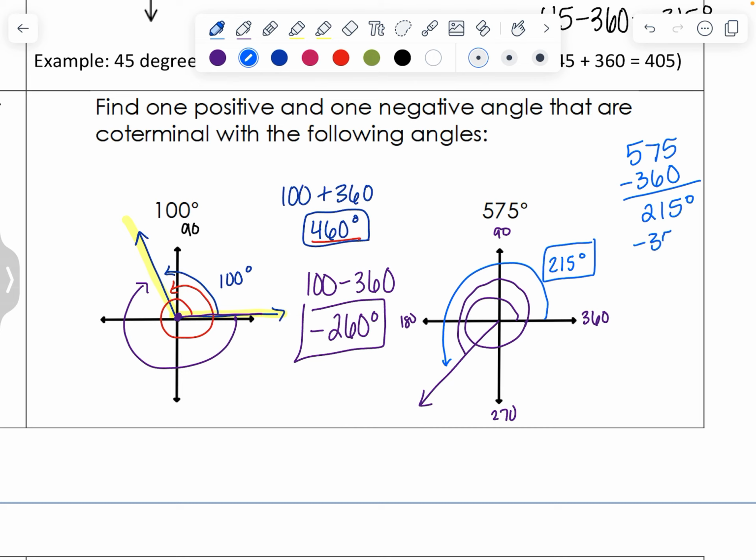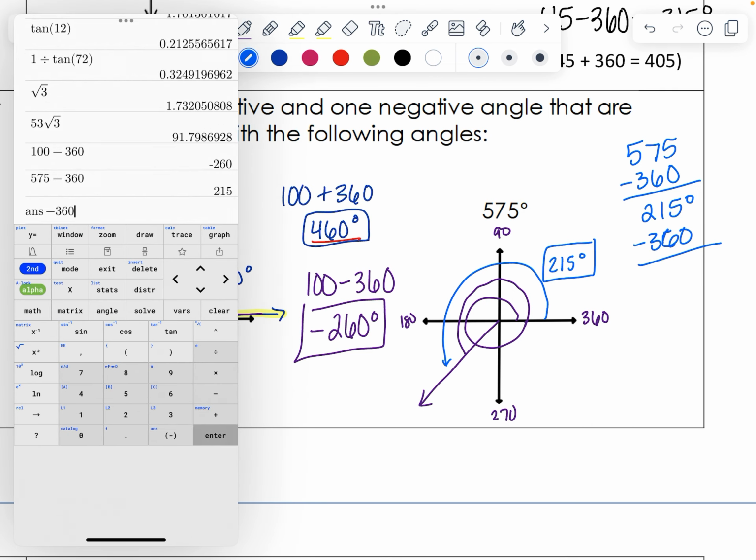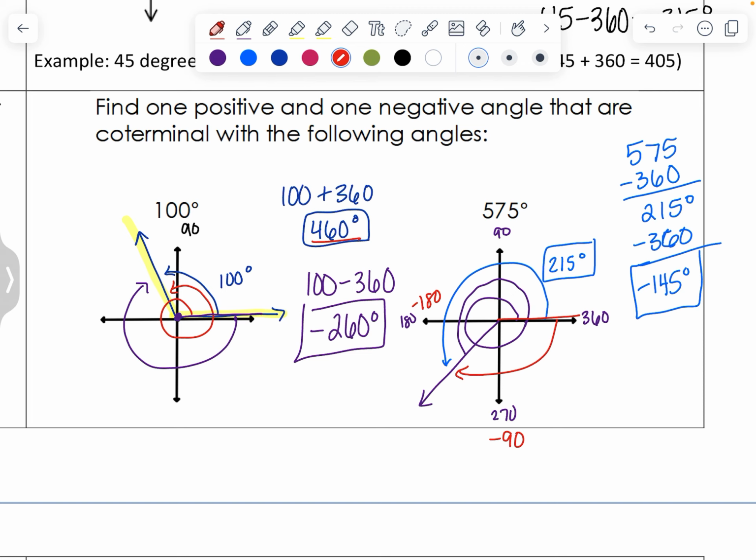And you will have to subtract again to get your second coterminal angle. So then you're going to do 215 minus 360. And that leaves you with negative 145. And that's going to be the angle from the positive x-axis back this direction. Because then you're going negative 90, negative 180, and that would be negative 145 in there. So that would be positive and negative coterminal angles.